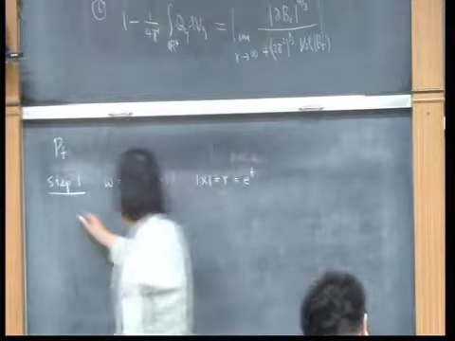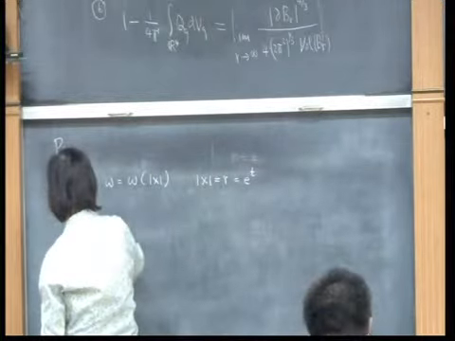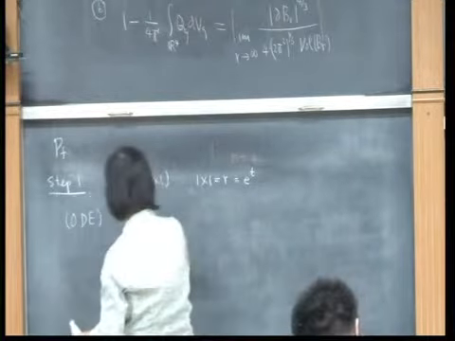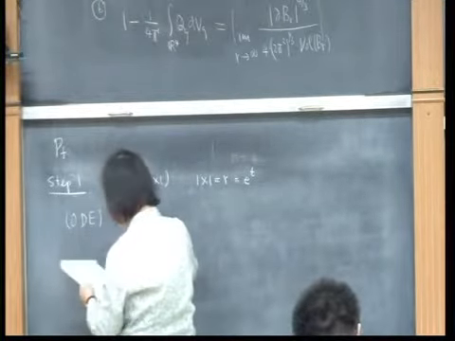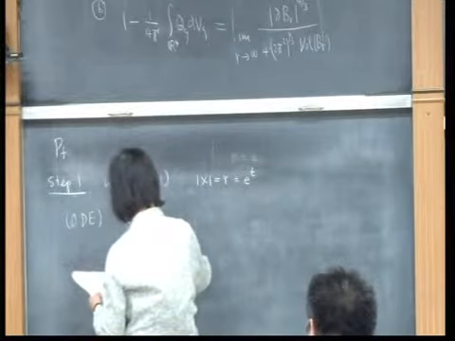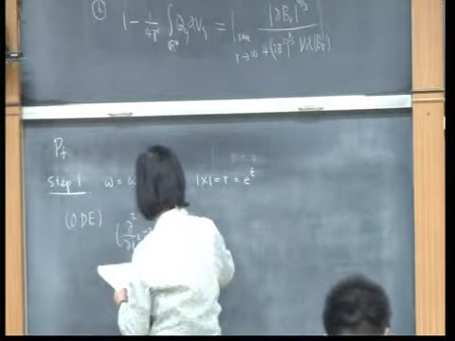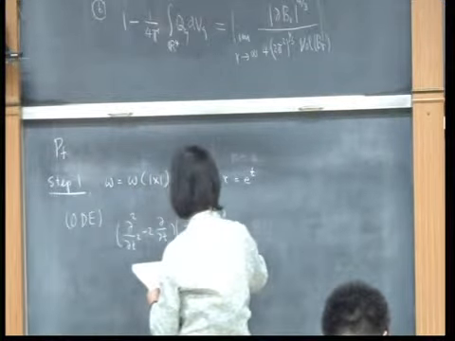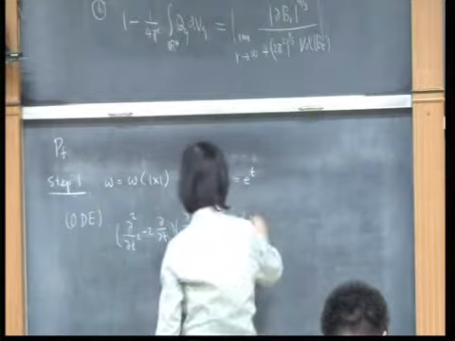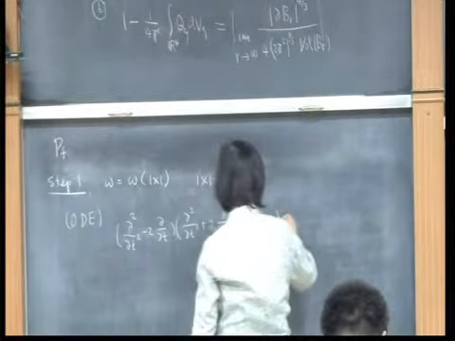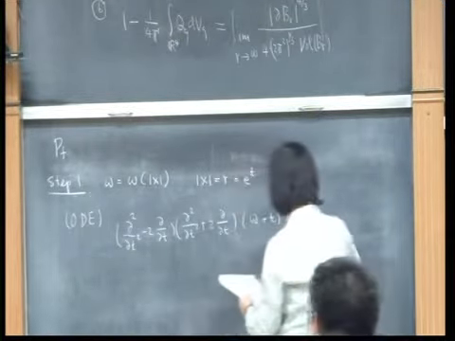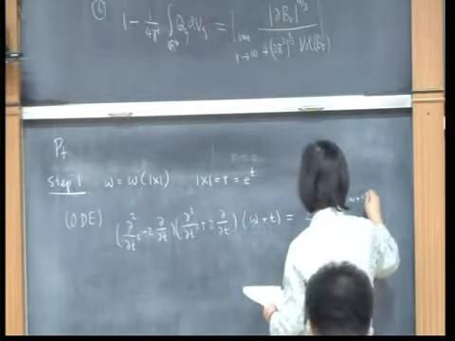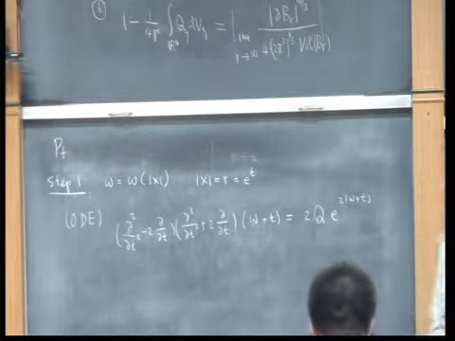Then the ODE of this Q curvature equation takes the following form: d^2/dt^2 minus 2, d^2/dt^2 plus 2 times d/dt, applied to w plus t, is equal to 2Q of e^{w+t}. So that's the ODE.